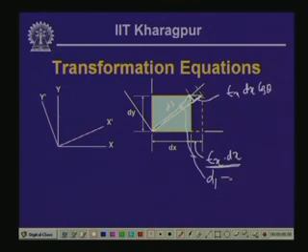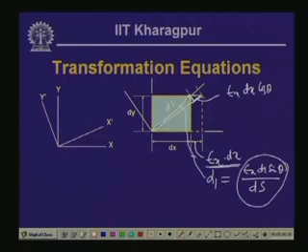So, alpha 1 is equals to epsilon x dx sin theta divided by ds. Please note that this particular angle is undergoing a change in the clockwise direction.